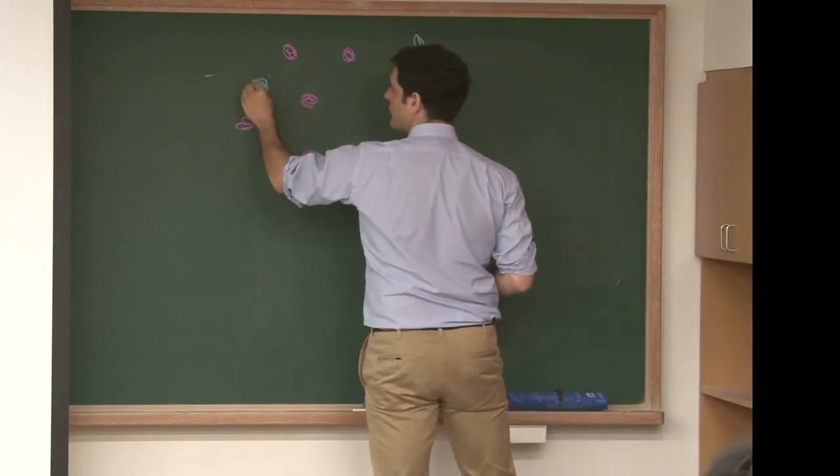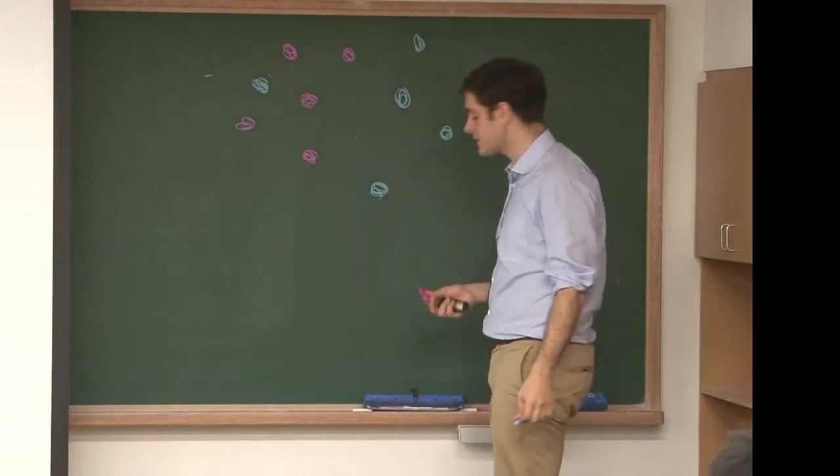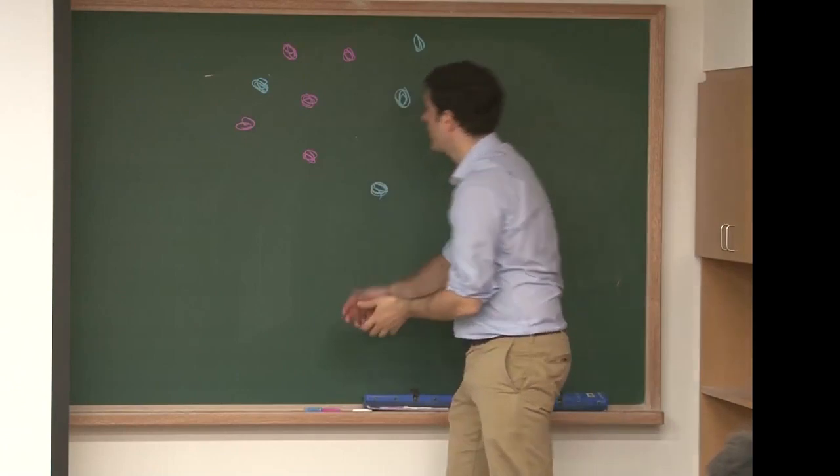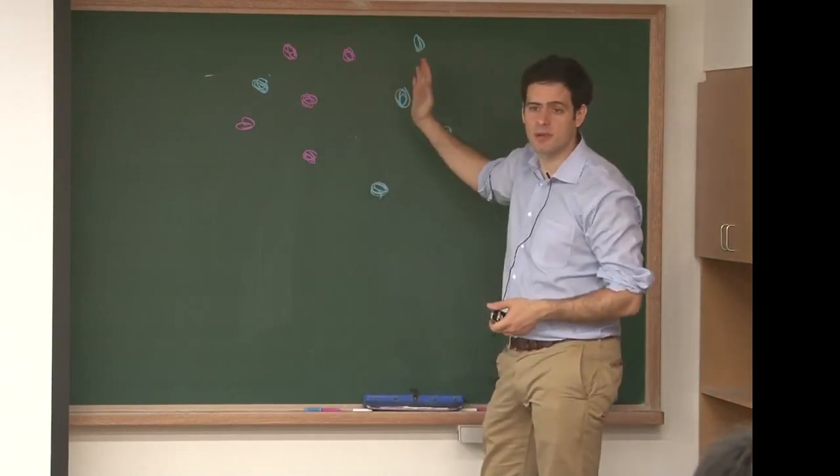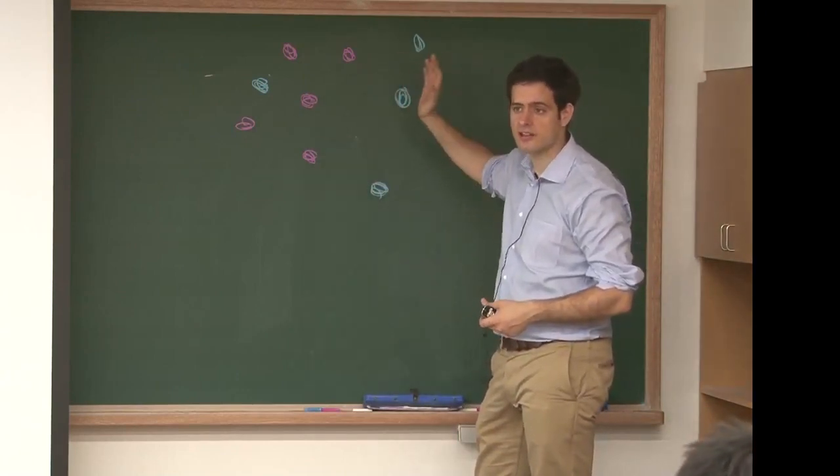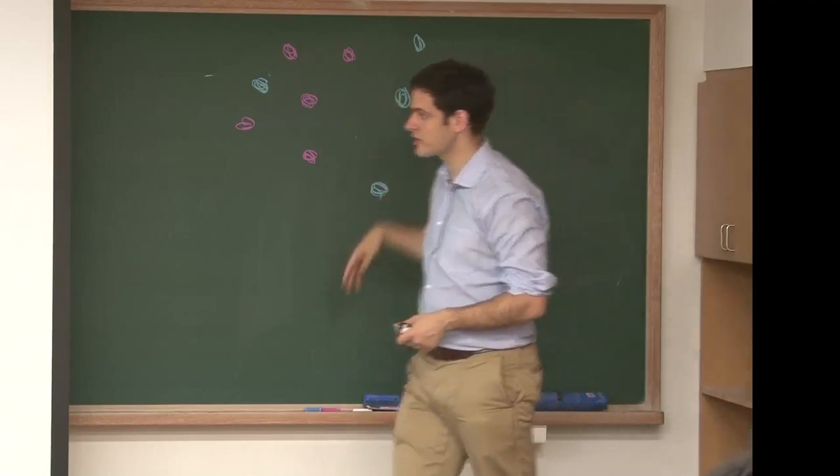So maybe there's one blue point that appears here. And in this case, there's no way you can actually find a line that will perfectly split your two sets of points, as red on one side and blue on the other side.